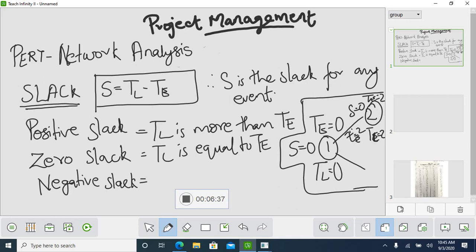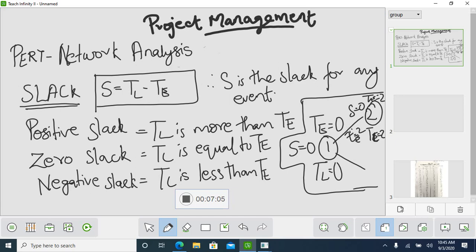So next is the negative slack. Negative slack is when the uptime exceeds the scheduled time of completion. If you see TL is less than TE, it indicates a behind-of-schedule condition, a lack of resource.